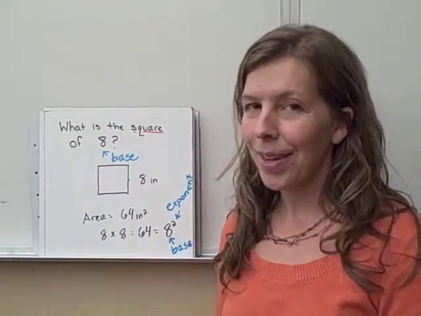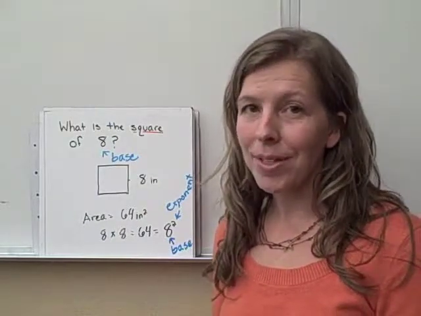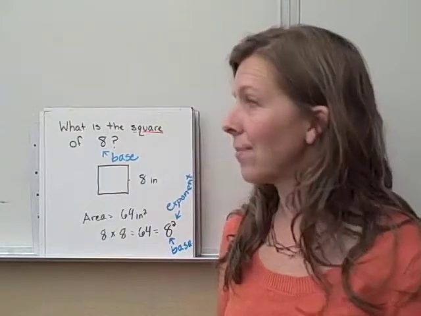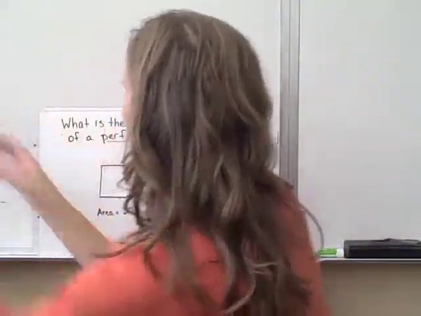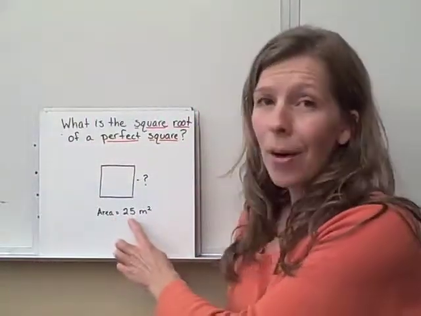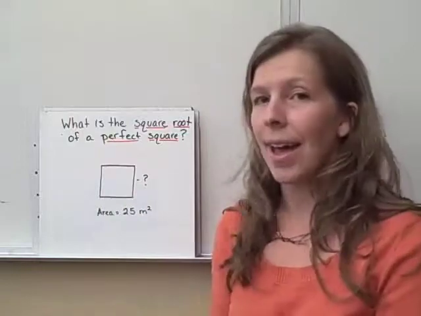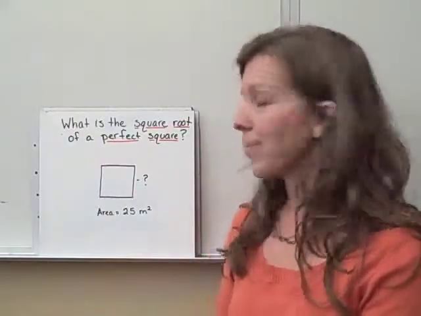Okay, we're going to continue because now I want to go the opposite way. Now I want to talk about what perfect squares are. When I say the opposite, now we know the area of the square inside, but we don't know the length of the sides of the square.